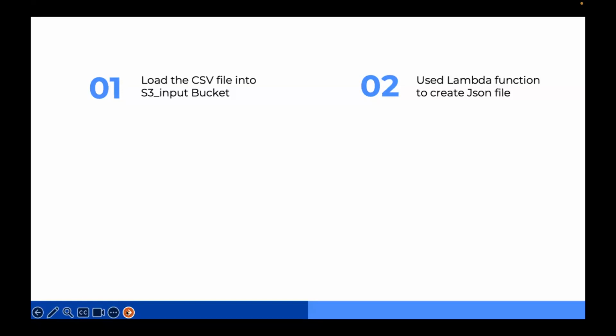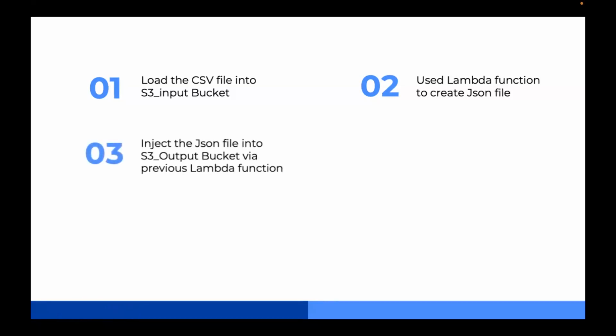The Lambda function is triggered by any file being created in the input bucket. It runs, and then creates an output JSON file in the S3 output bucket. So this is how the AWS part runs.